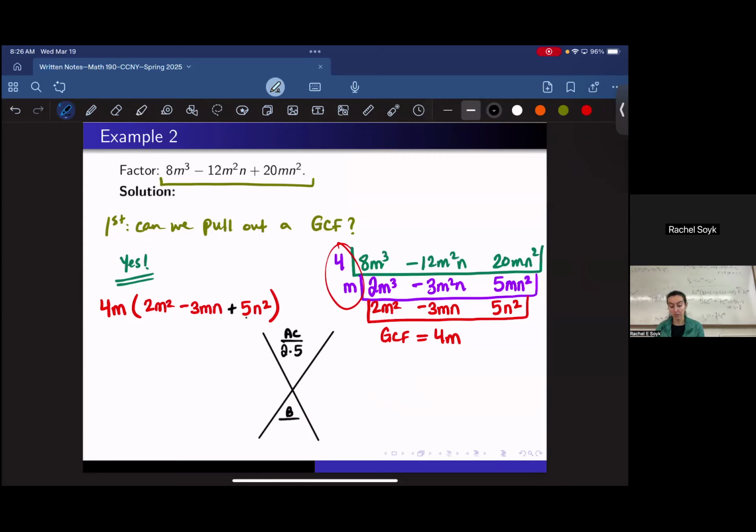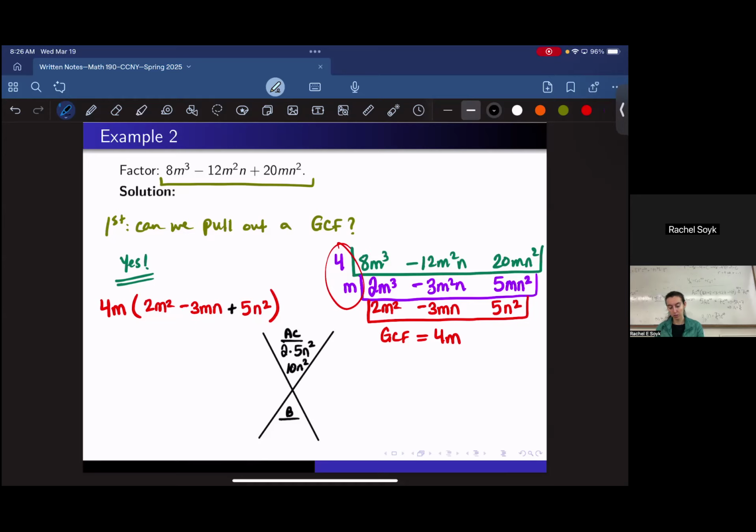Our C is 5, right? Well, actually, our C is not just 5. Our C is 5n squared. So the product of this is 10n squared.